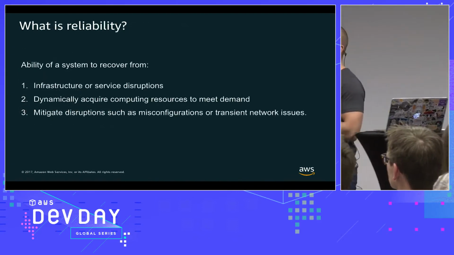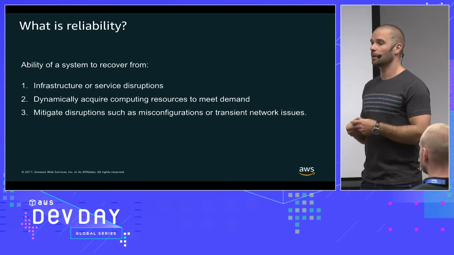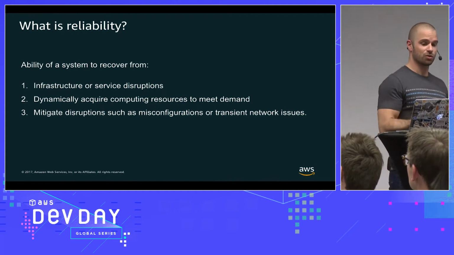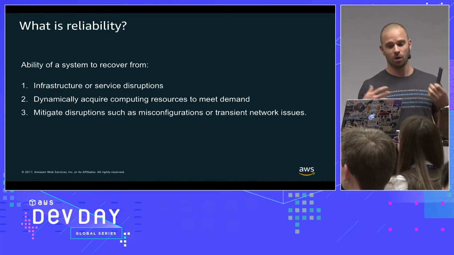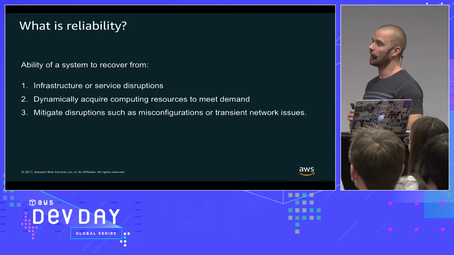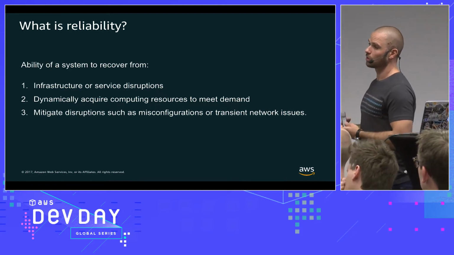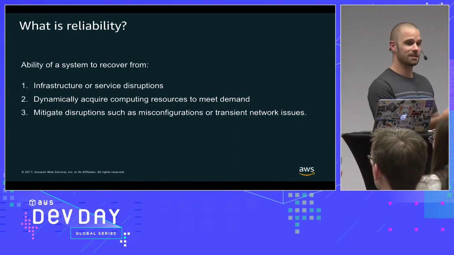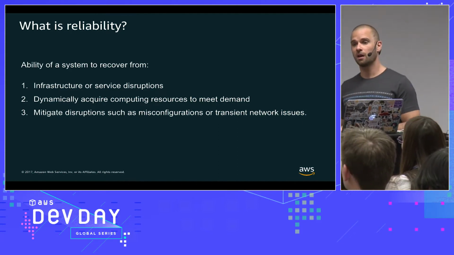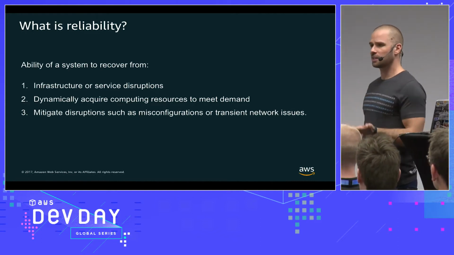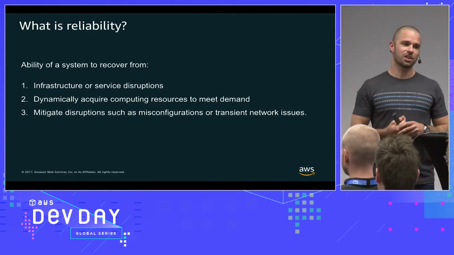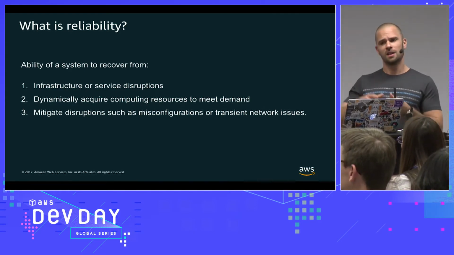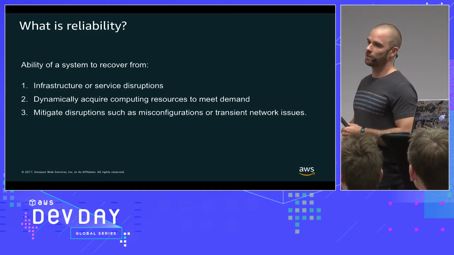So what is reliability? There are three things really that encompass reliability. The first one is infrastructure and service disruption, being able to recover from those. And this is the classic one. So, an availability zone having some networking issue, a database having some problems, all this kind of stuff. How do you architect? How do you think about architectures with that in mind? And very often we look at what the points of failure are in the systems.